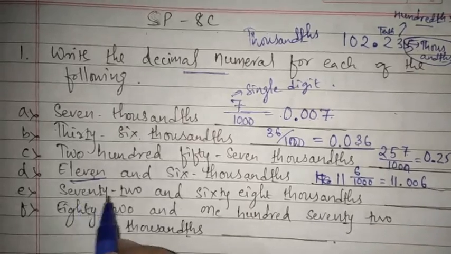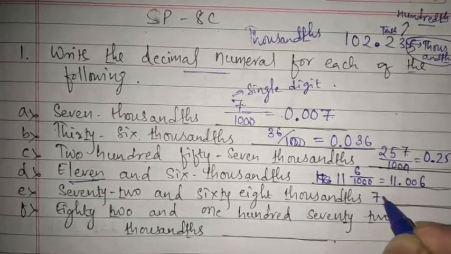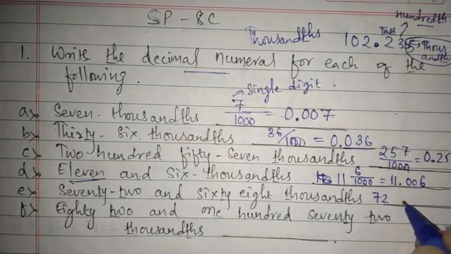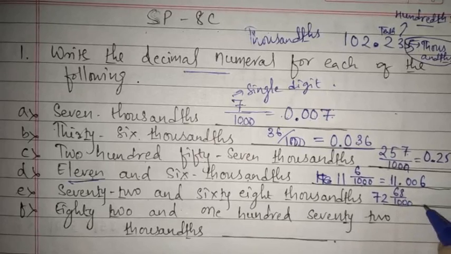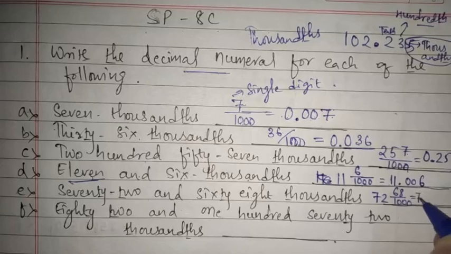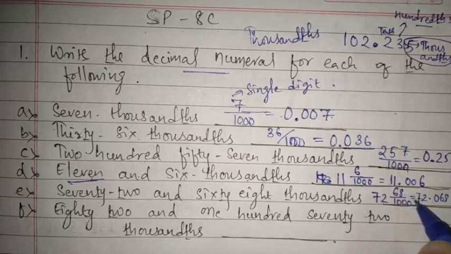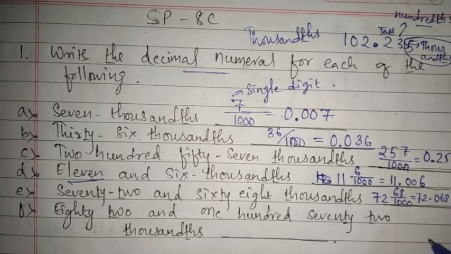Okay. 72 and 68/1000. 72 will be your number before the decimal, and 68/1000 means 68 divided by 1000. You can see the two digit number here. So if you divide this number, you will write 72.068 because there is a two digit number. So after the decimal only one 0 will be there, then 68.